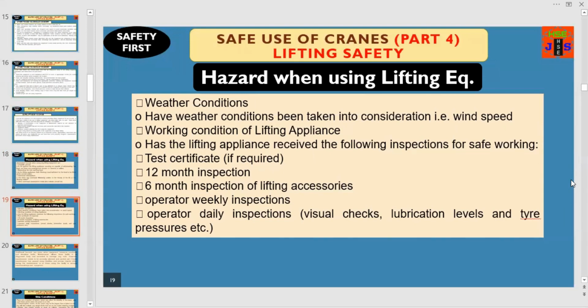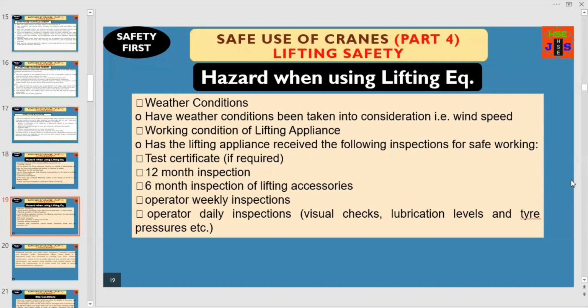Another hazard with respect to lifting operation is the working condition of lifting appliances, machines, or equipment. Has the lifting appliance or crane received the following inspections for safe working?